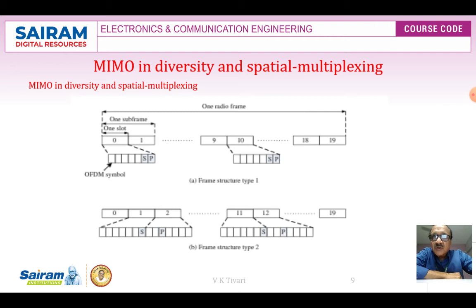Same 0, 1 you have to see in the figure here, and in between, that is how the CP is inserted, between 0 and 2, and in the same way at 11, 12. Frame structure type 2 is used for MIMO diversity and spatial multiplexing, where one subframe is used by others, using the multiple input multiple output diversity technique.